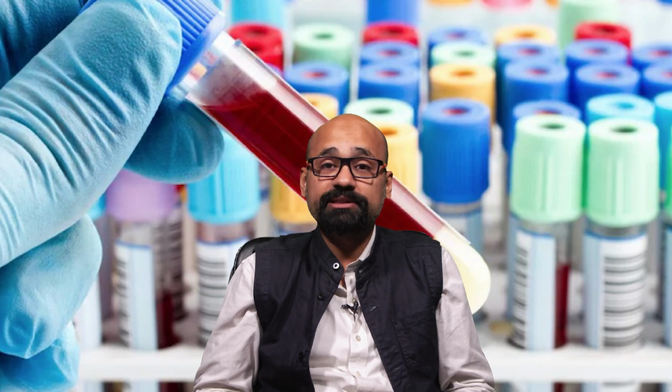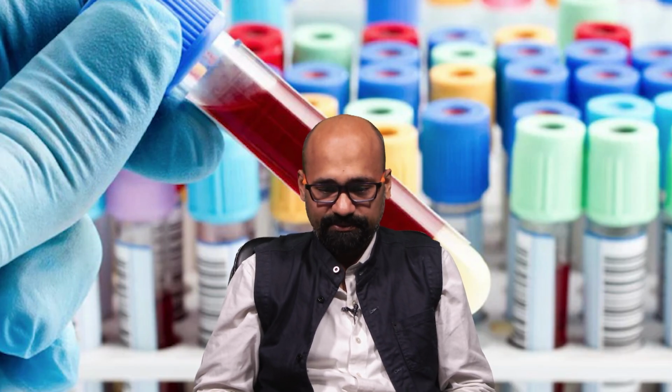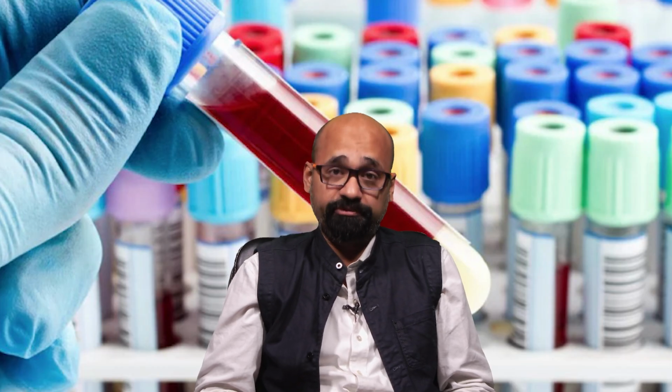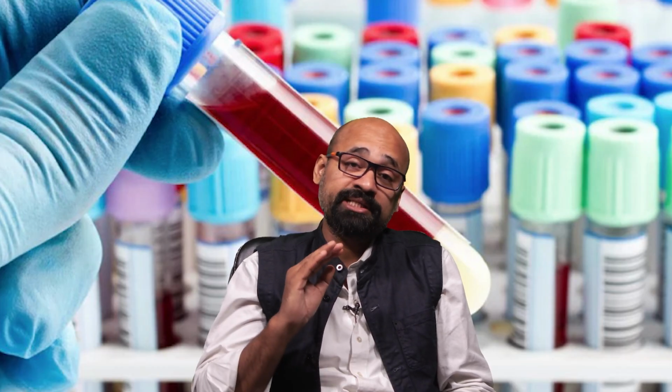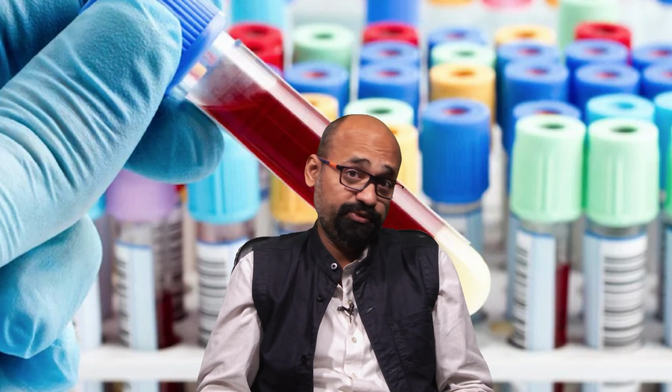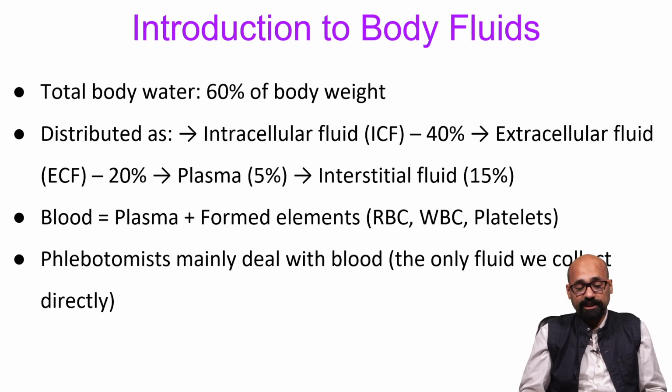So, that intracellular fluid is almost 40% of the total body weight. Then we have extracellular fluid, the fluid which is present outside the cell, not within any cell. It is just 20%. And if we see the percentage of plasma, plasma constitutes around 5%, plasma is within the blood, and the interstitial fluid is around 15%.